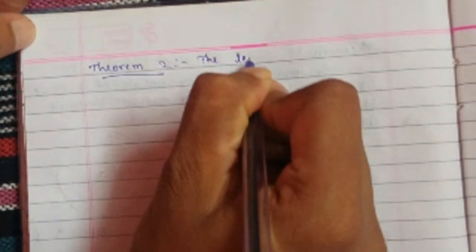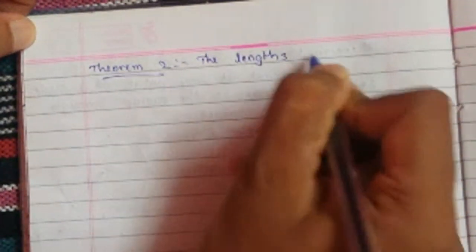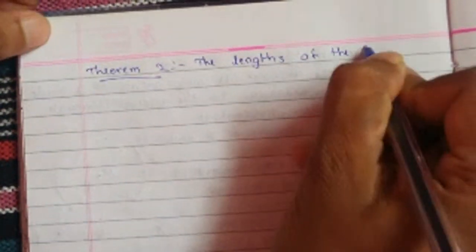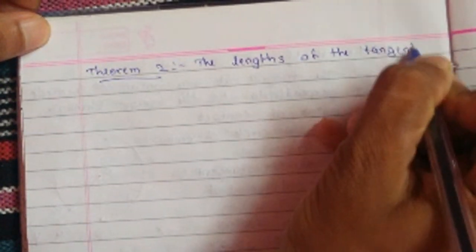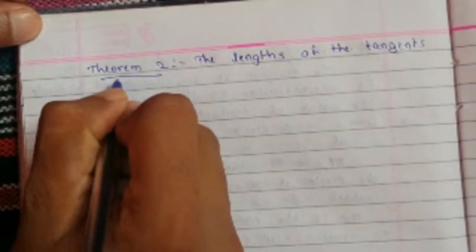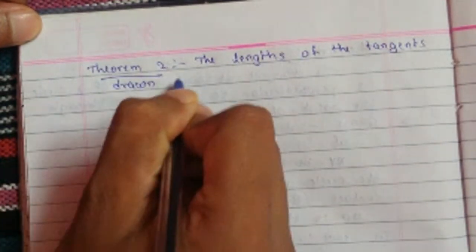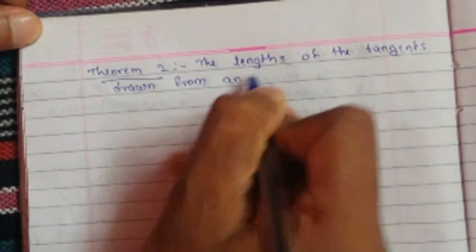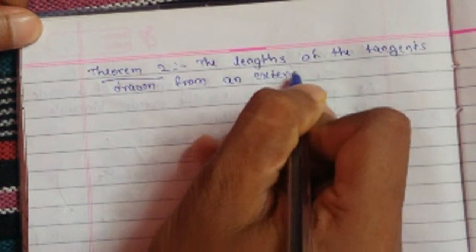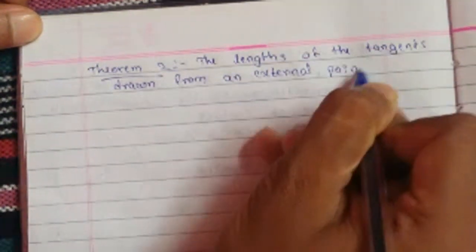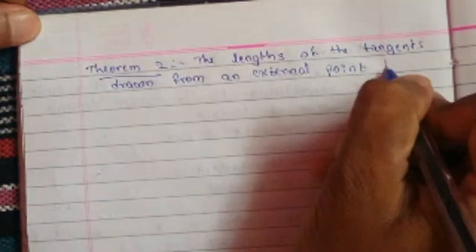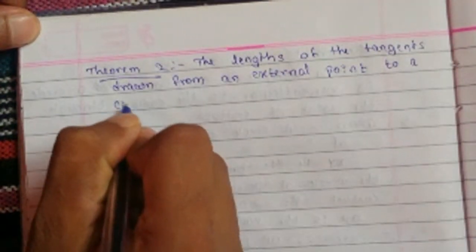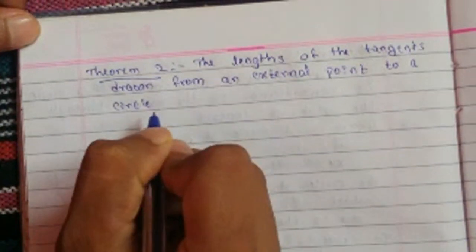Theorem 2. The lengths of the tangents drawn from an external point to a circle are equal.